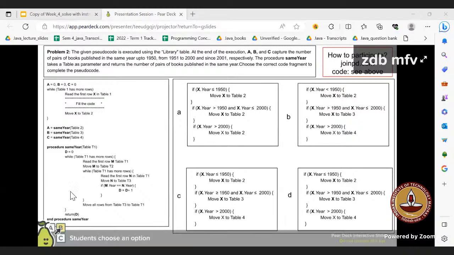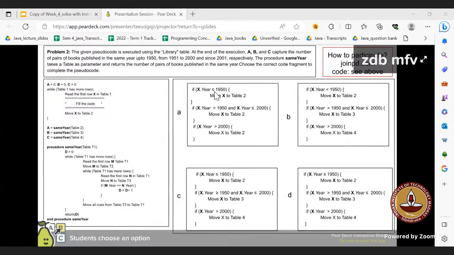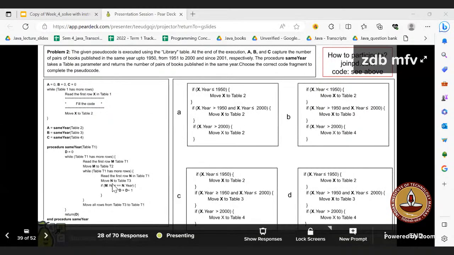So this is another way of doing pairwise comparison in order to get the pairs. Whatever table you are passing that contains 1950 less than or equal to 1950 information, that information should be checked with each and every other row of your table. So that's why you have 2 while loops, and the year you will be comparing, and if the years are same for both the rows, then you will increment d equal to d plus 1.